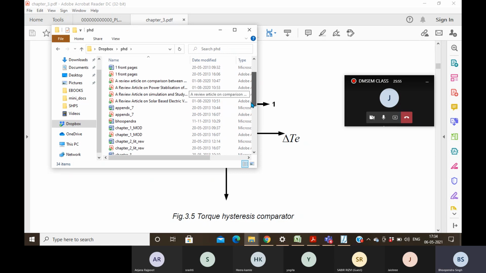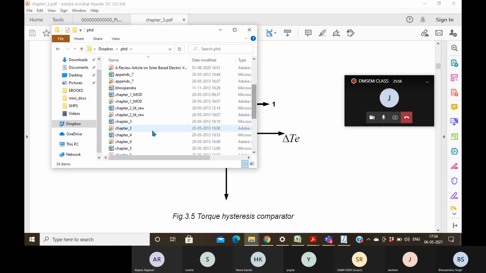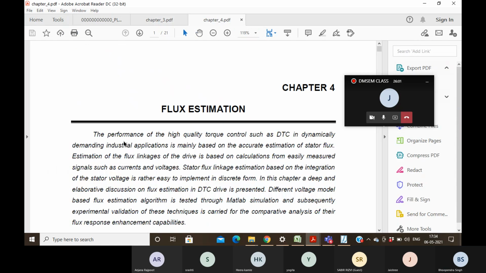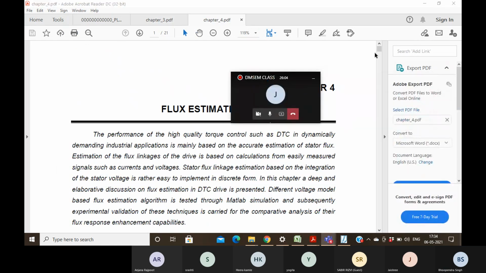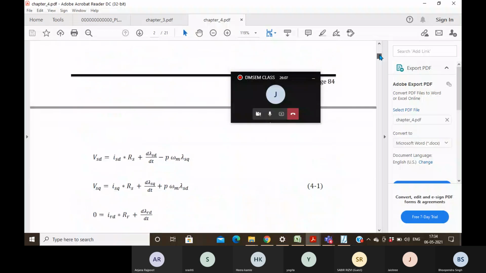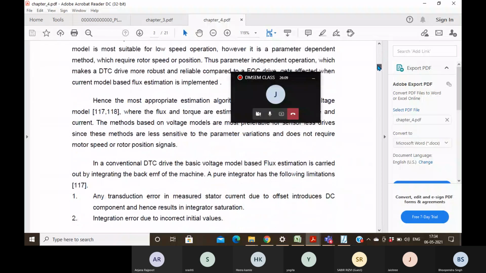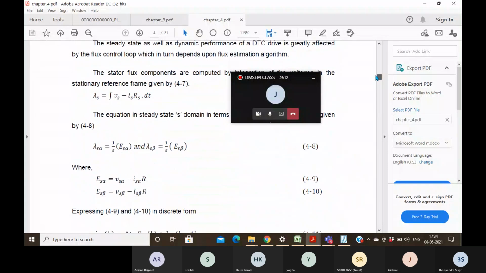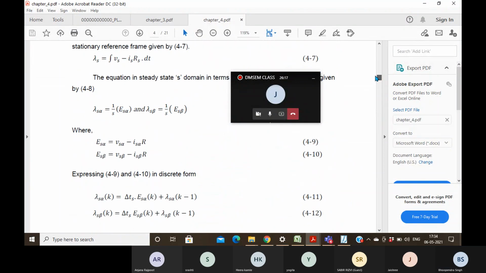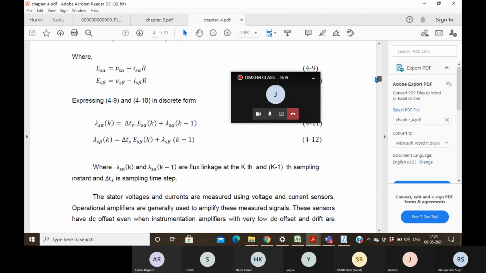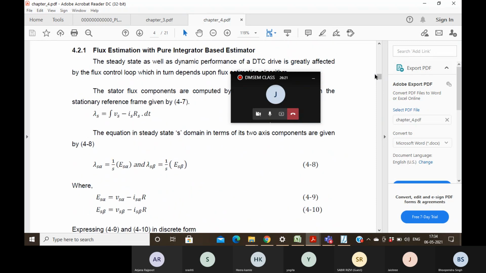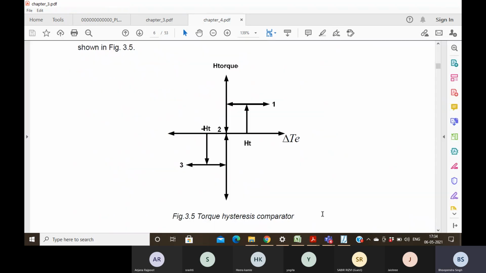I will share another slide with you. Now, the same thing as discussed here.